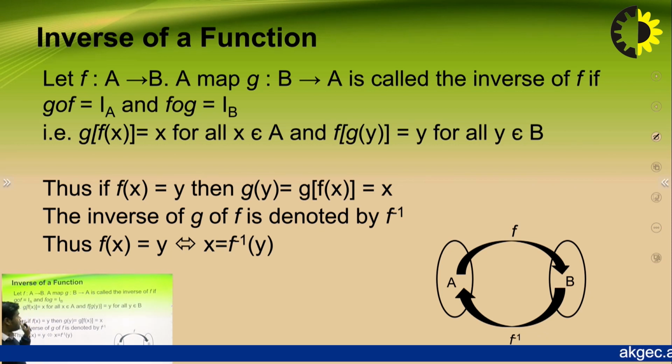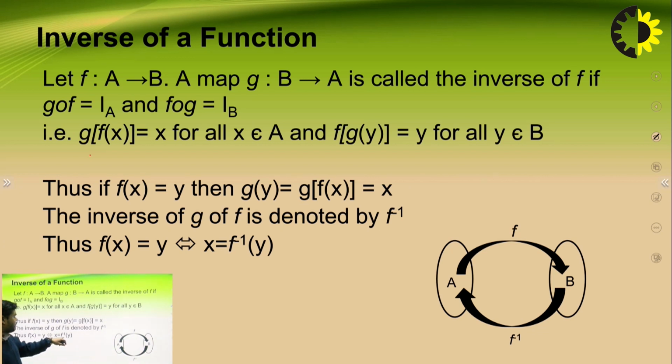So let us assume that g of f of x equals x for all x belonging to A, and f of g of y equals y for all y belonging to B. Thus if f of x equals y, then g of y equals g of f of x equals x. So the inverse of the function is denoted by f inverse, thus f of x equals y, so x equals f inverse of y.